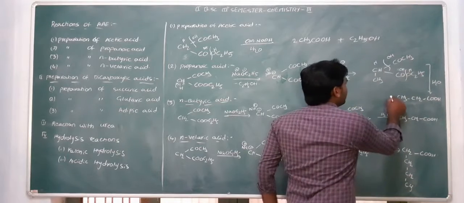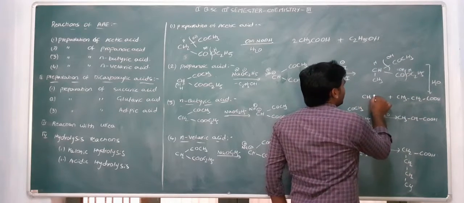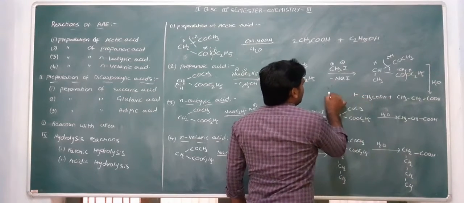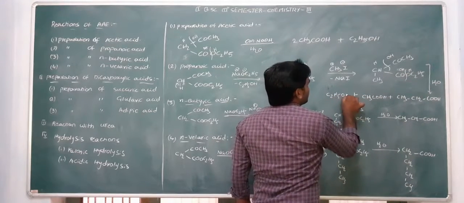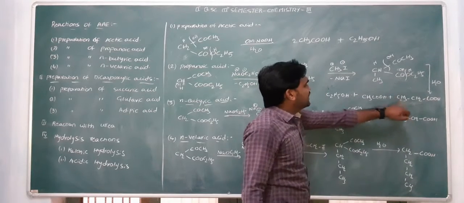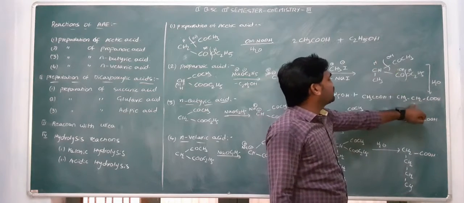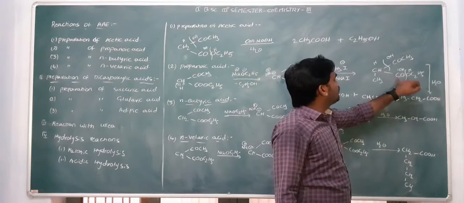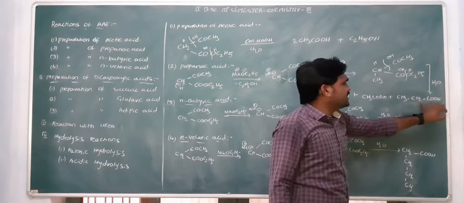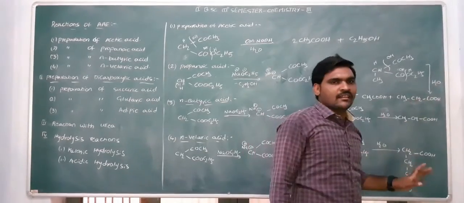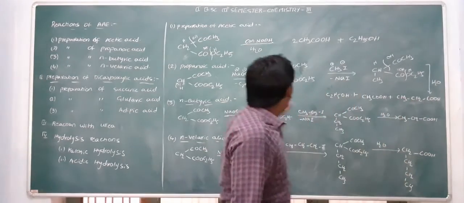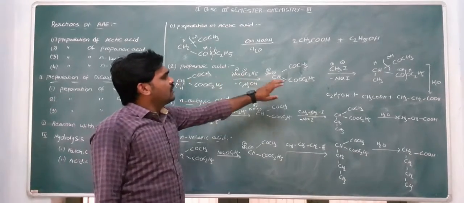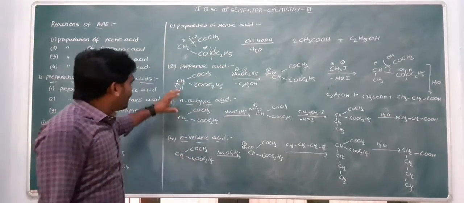CH3COOH acetic acid and C2H5OH are the byproducts. Clearly observe that the CH3CO part breaks away totally. So this one, CH3CH2COOH, has 3 carbons and one acid group. So it is propanoic acid. Acetoacetic ester when hydrolyzed gives propanoic acid.